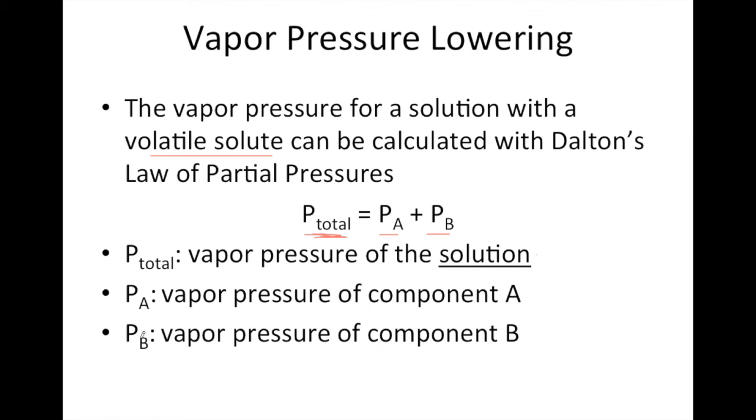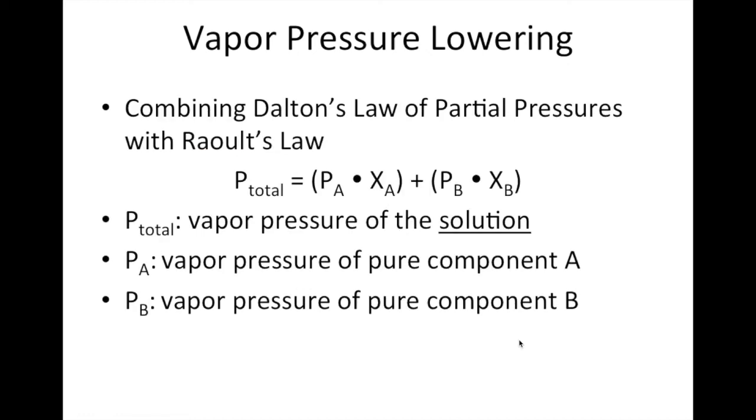And PB, that's the vapor pressure of component B, perhaps the solute. So we can also combine our Dalton's law of partial pressures with Raoult's law. So here we get the vapor pressure of the solution is equal to the partial pressure of component A times the mole fraction of A plus the partial pressure of B times the mole fraction of B.